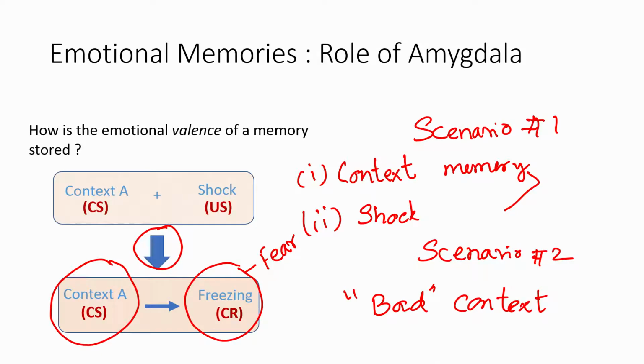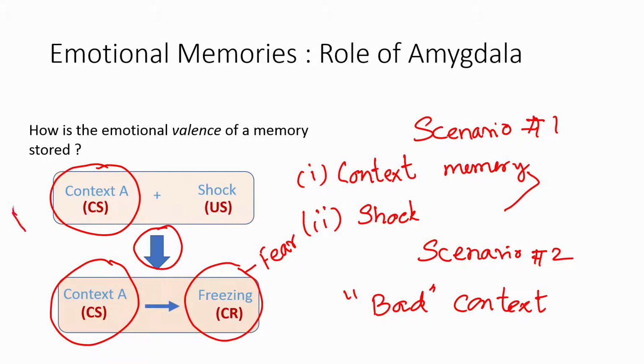Michael Fanselow's lab at UCLA used immediate early genes. These are the class of genes that we saw a little earlier in the course, which get activated in response to a plasticity event in a neuron, right. So, they used this idea to probe whether the memory of the context is stored separately from the association itself.